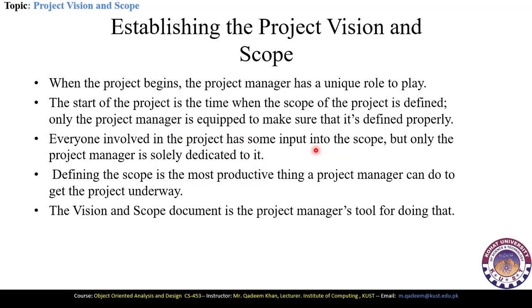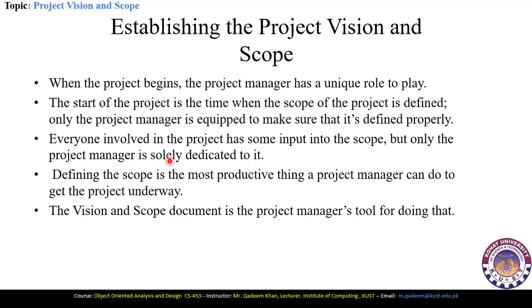It means that from every project stakeholder, who are the people involved in the development of the project, feedback is obtained, and then that is converted into the scope of the project. But it is only the responsibility of the project manager to define a proper scope and vision of the project here.